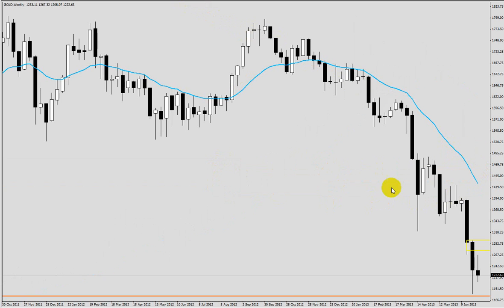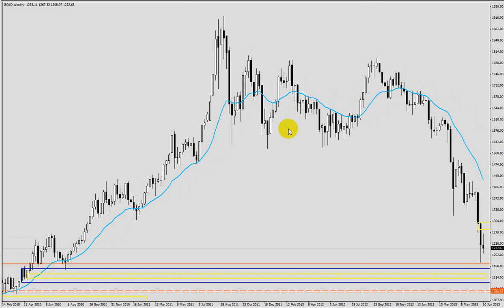Let's switch to weekly. The blue color represents the support on the weekly chart based on this price action here on the left side.